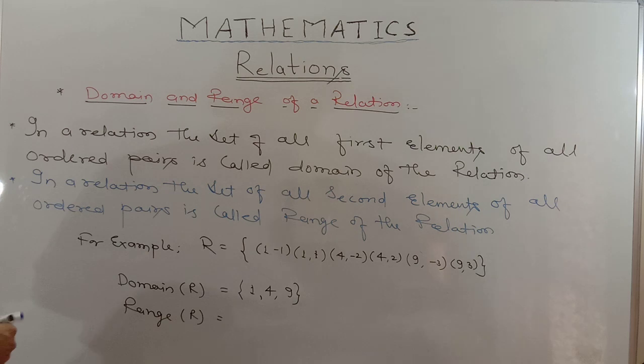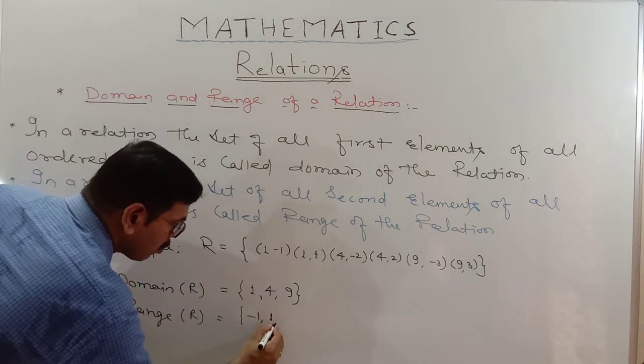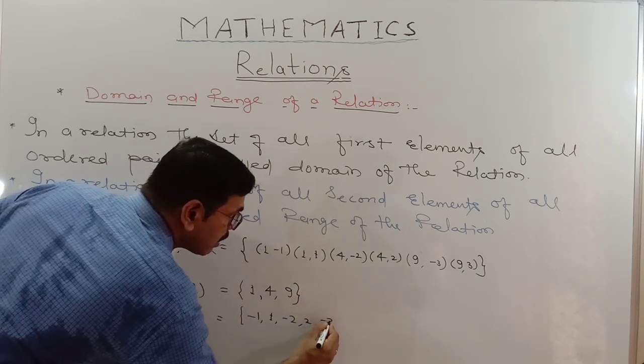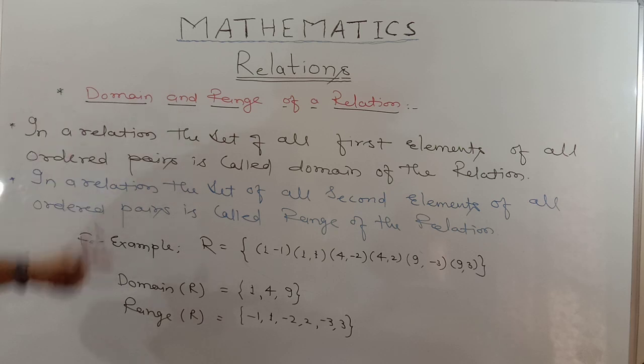And if we talk about the range, it is -1, 1, -2, 2, and -3, 3. This is the range of the relation. So this is the definition of domain and range of the relation. Please note that down. Just pause and write this down fast.